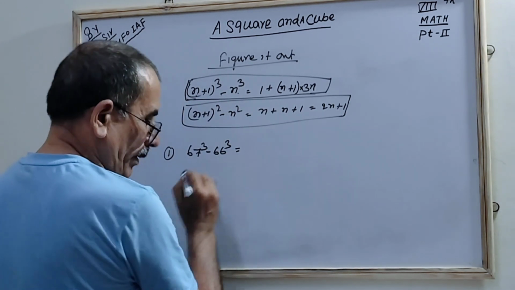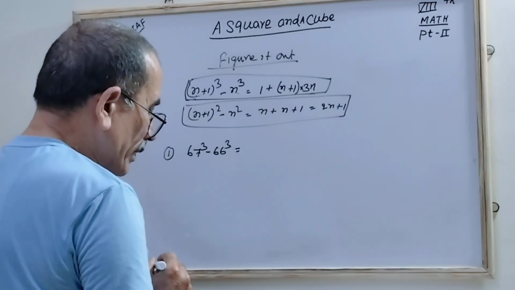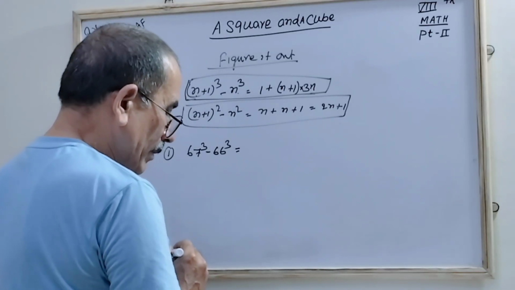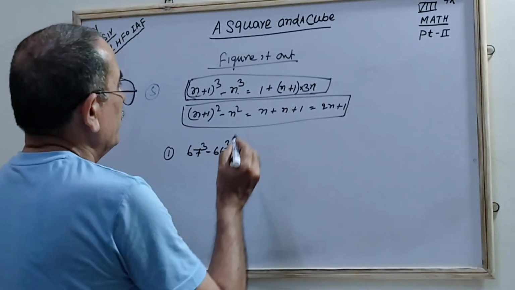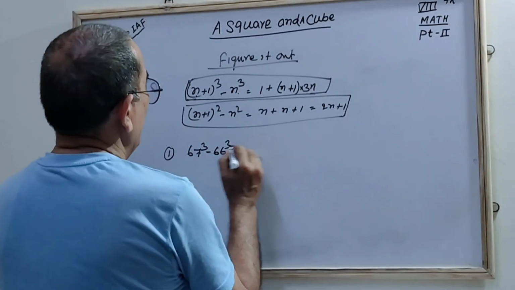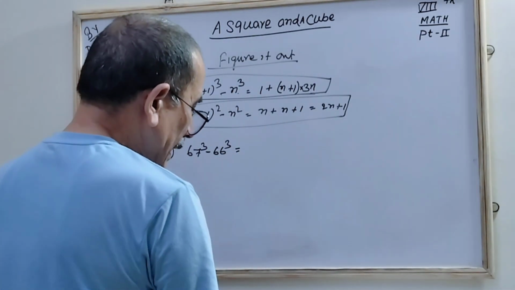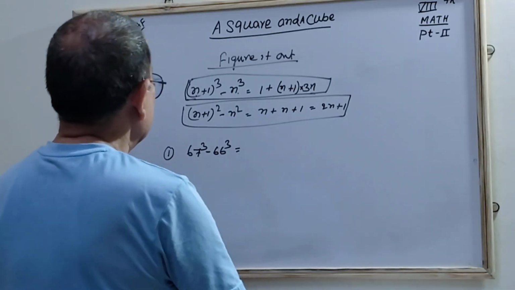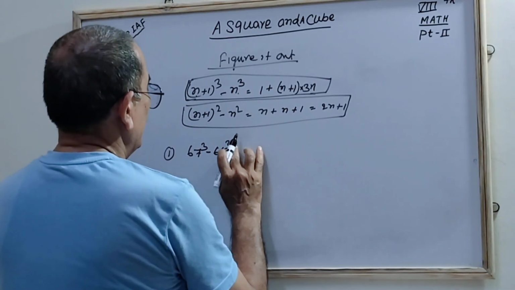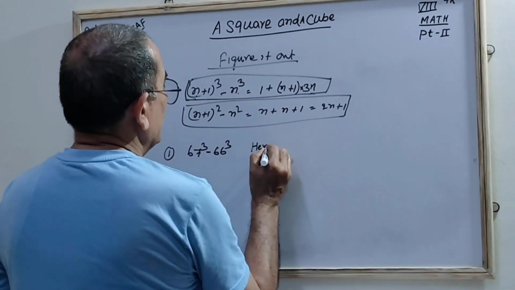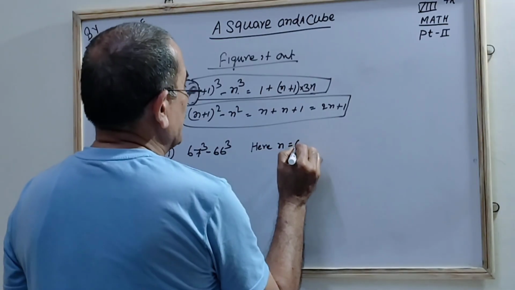So put it in the formula. What is n here? You should know, n is the lower one. Here we find that n is equal to 66, correct?